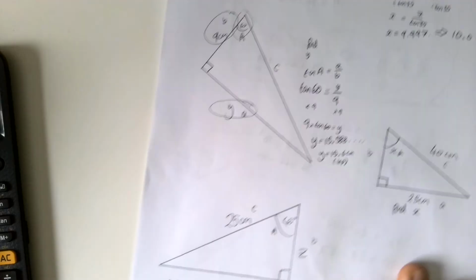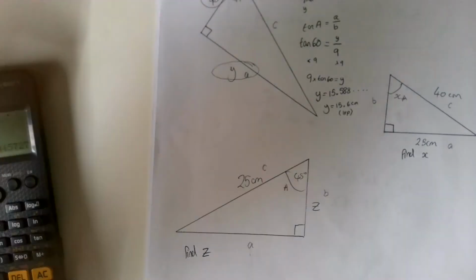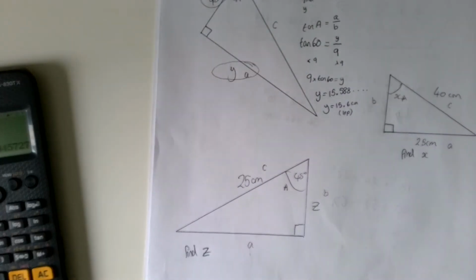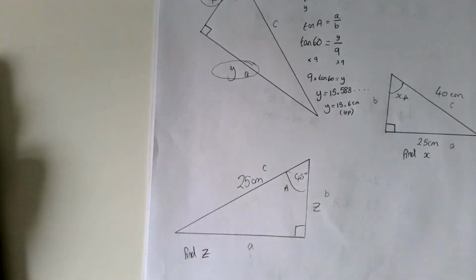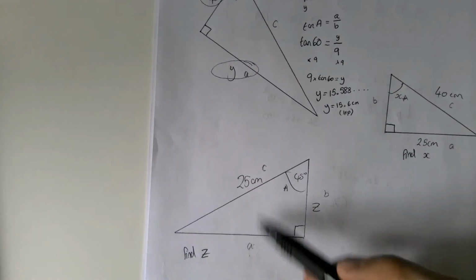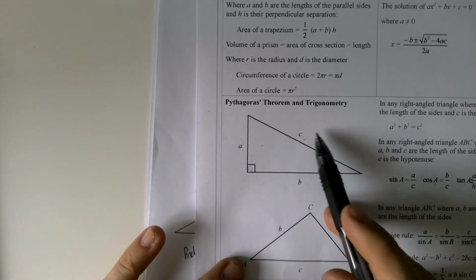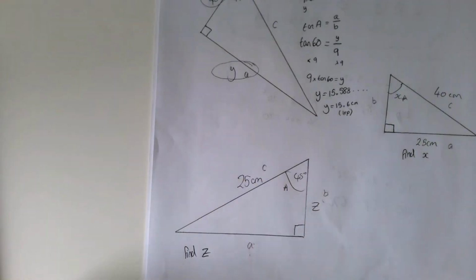Okay, moving on to this one. We will be using a different relationship here. So again, I labelled it really carefully in the first video. I've got A, B and C. C, remember, is opposite the right angle. B touches both the right angle and the given angle.